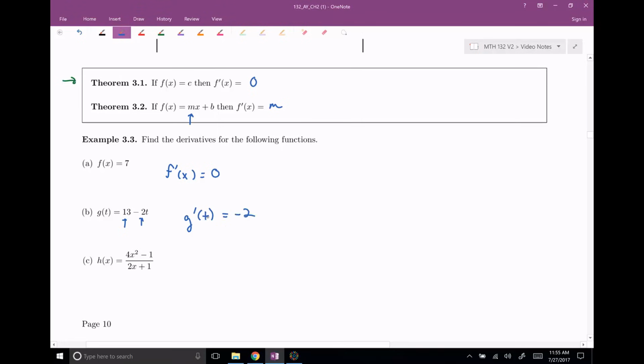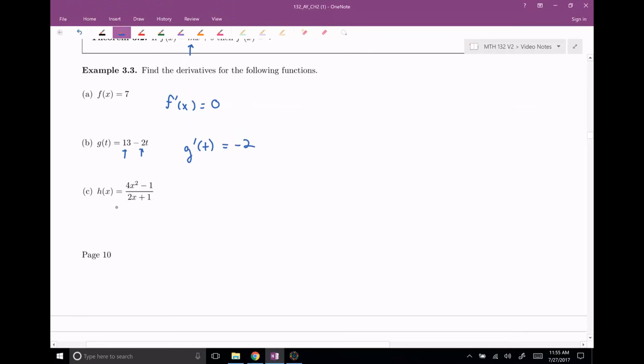Therefore the derivative of this function will be negative 2. Again, it doesn't really matter what the t value is or what the x value is up here. For all of them, the slope is negative 2, and likewise for all of the x values, the slope is 0 in this case.